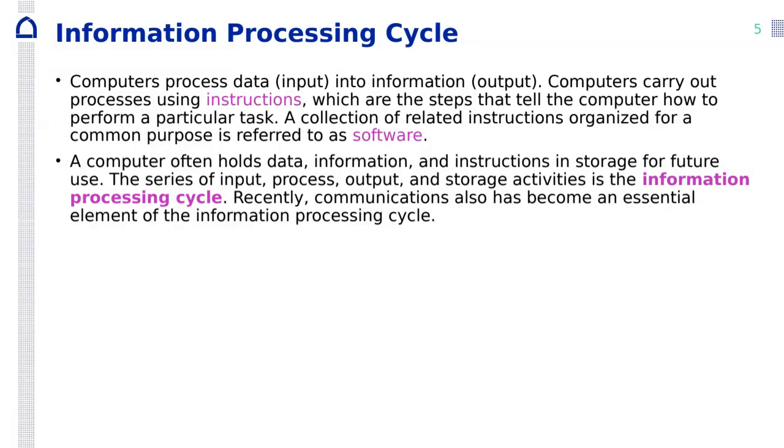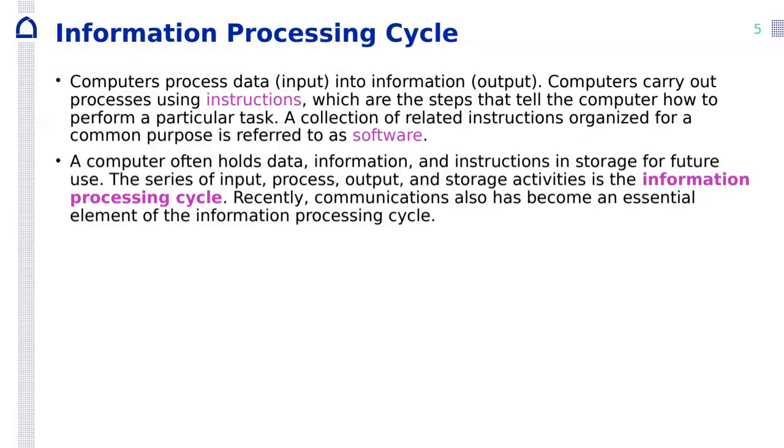A collection of related instructions organized for a common purpose, we call it software. Let's say you give it 2 numbers and you want the computer to multiply these 2 numbers. So you give it a software program that will do the multiplication.